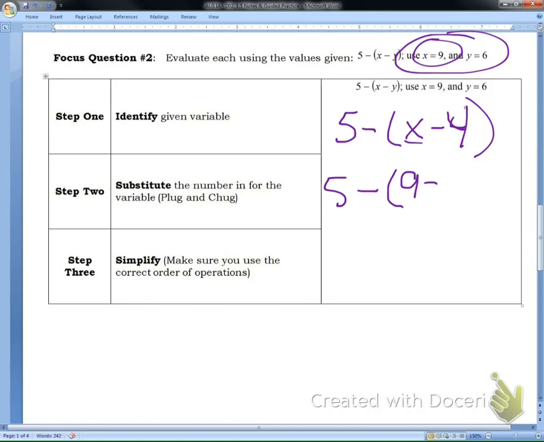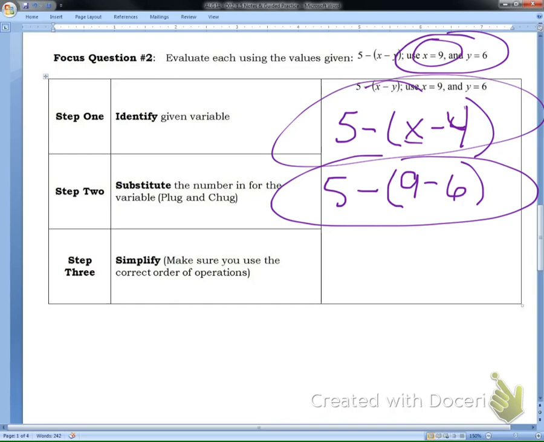And then y equals 6, so I'm going to replace the 6 in the parenthesis. Now look what I have. I just turned my algebraic expression into a numeric expression. Because it's a numeric expression now I can apply that order of operations.